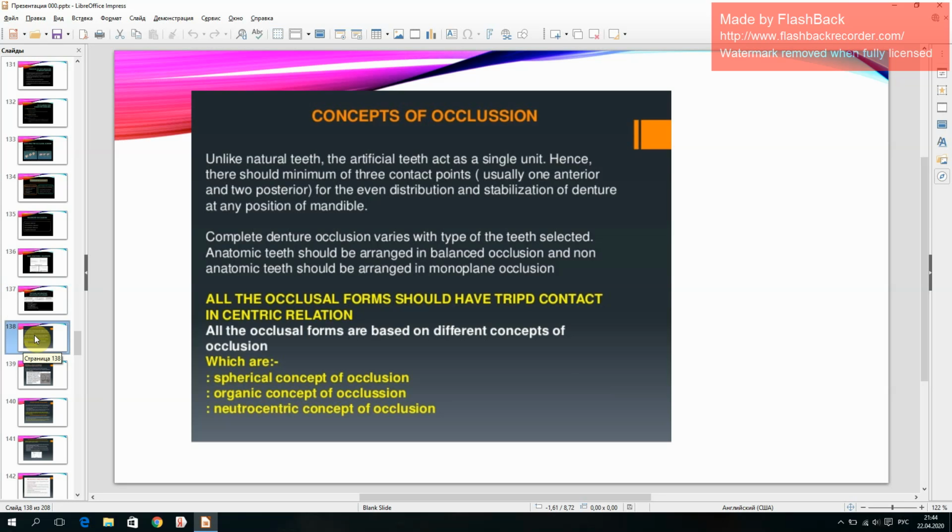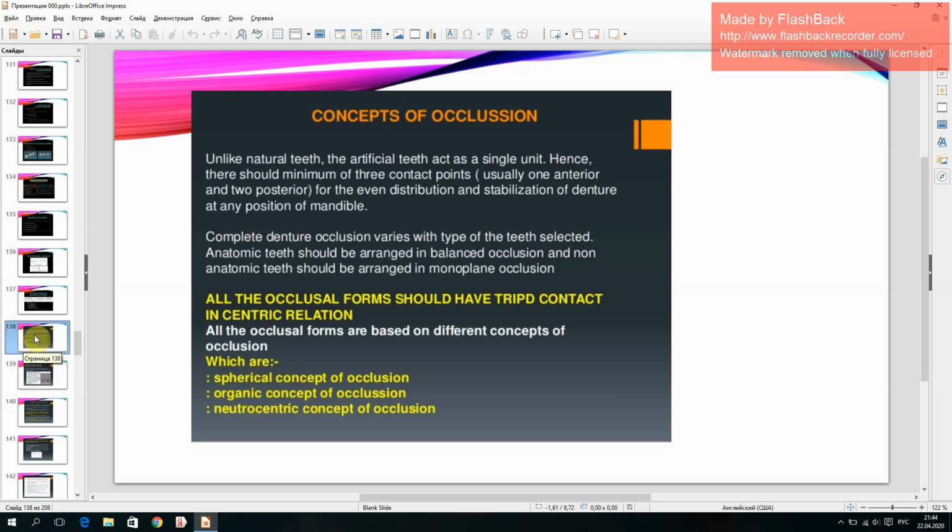Complete denture occlusion varies with the type of teeth selected. Anatomic teeth should be arranged in balanced occlusion, and non-anatomic teeth in monoplane occlusion. All the occlusal forms should have a third contact in centric relation.